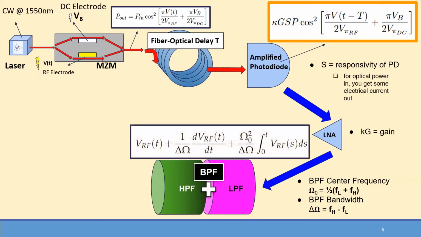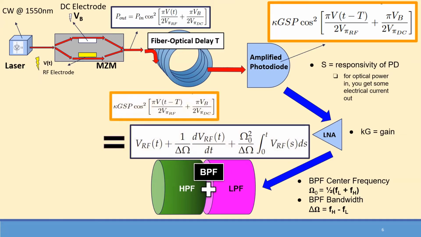This expression conveys what's going on at this point in the loop, and we're setting that equal to the previous expression to indicate that it is being input into the cascaded bandpass filter.